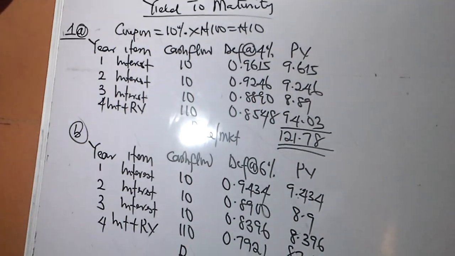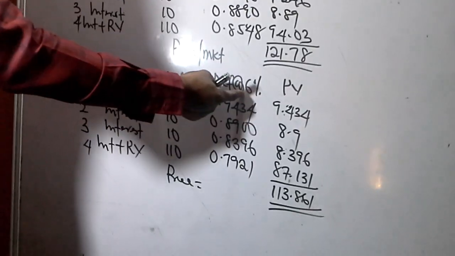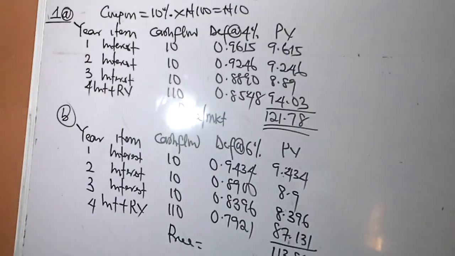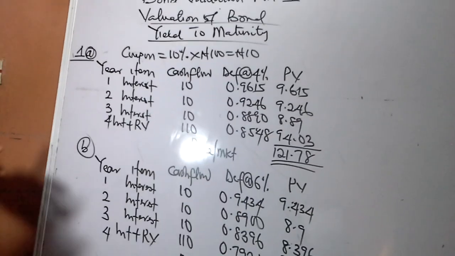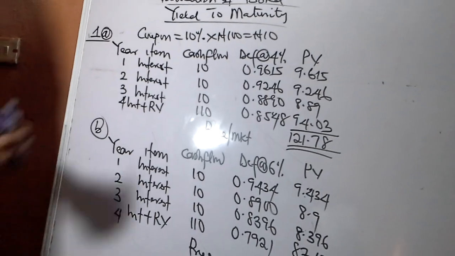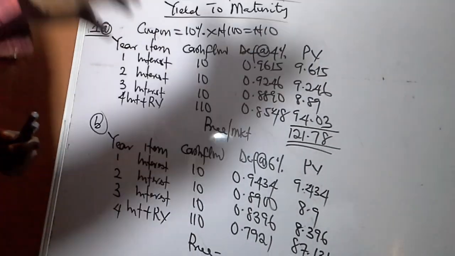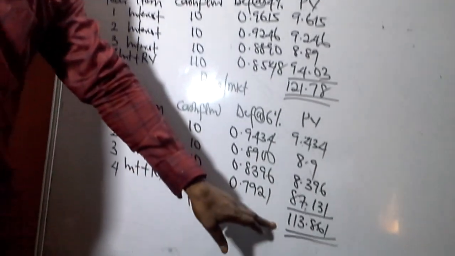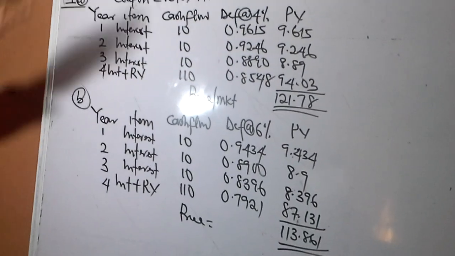When they demand a higher percent, 6%, the bond price falls to this amount. So it shows that there is an indirect connection, link between the price of the bond and the yield. So the higher the yield, the lower the price of the bond. The lower the yield, the higher the price of the bond.